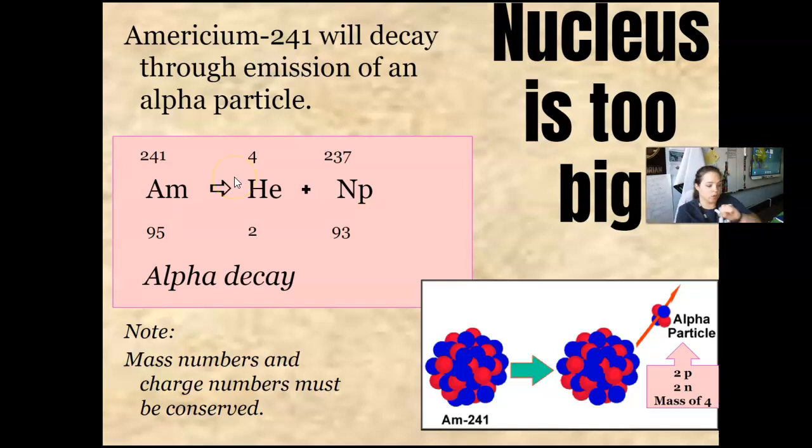And when it does that, it's going to shoot off an alpha particle and a, oh good Lord, I don't know how to say it, NP is going to be neodymium. Oh, no, is that neodymium? No, it is not. Sorry. Neptunium. Neptunium.